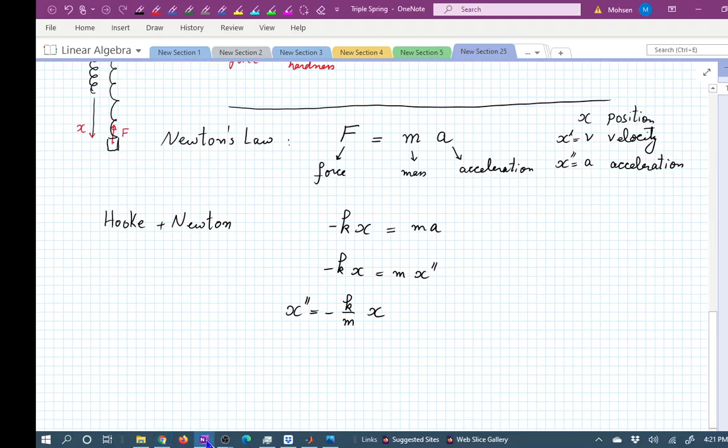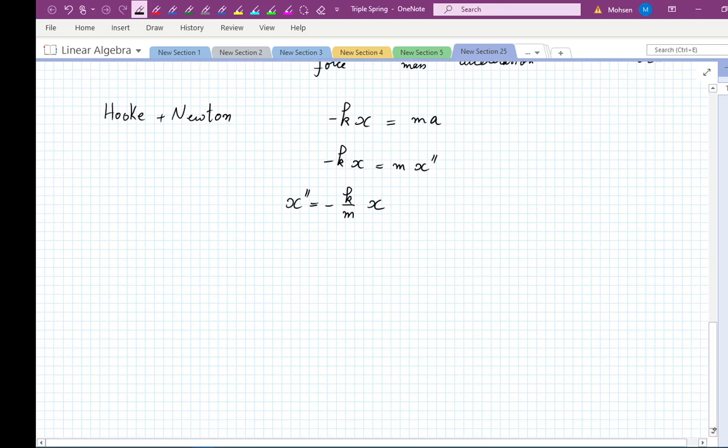Okay, so what would be our solution in this case? Our solution will be x. So we have that equation. It came out of Hooke's and Newton's law. We can solve it, and as a solution, what do we get? We get a description of how the thing moves. What would that be?